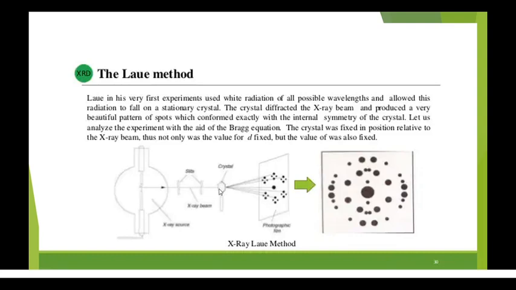And the crystal diffracted the X-ray beam and produced a beautiful pattern of spots, and these spots are the constructive interference pattern, where you can see the maximum intensity shown by big dots and the minimum intensity with the smaller dots. So that is the Laue and Bragg method of X-ray diffraction.